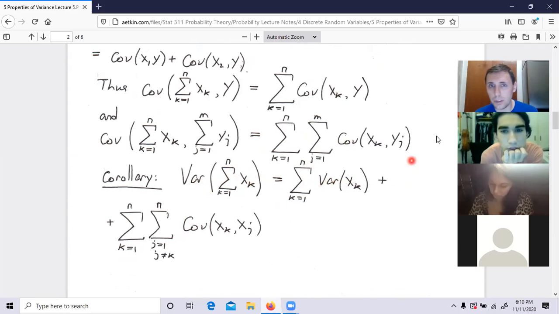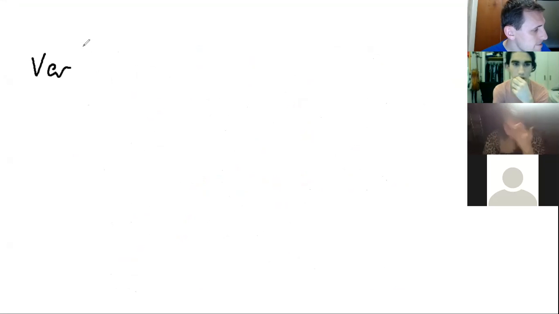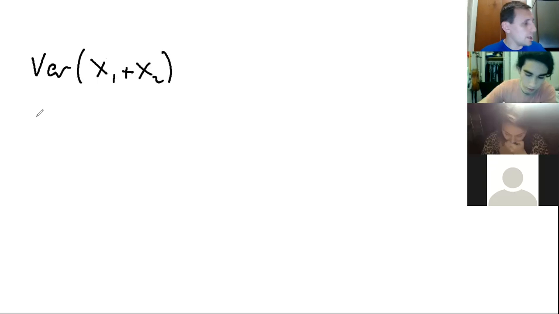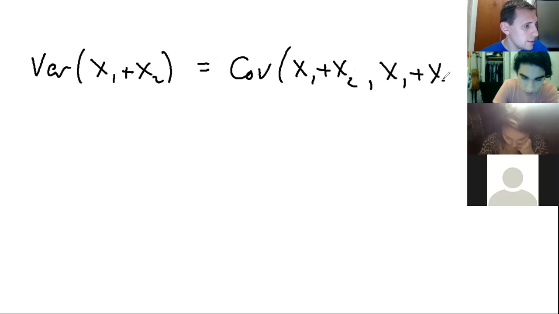I feel like I'm losing you, so I'll give you a quick calculation here so you understand what I mean. Suppose that I have variance of only two. So we have variance of x1 plus x2. Now that's the same thing as covariance of x1 plus x2 against x1 plus x2.